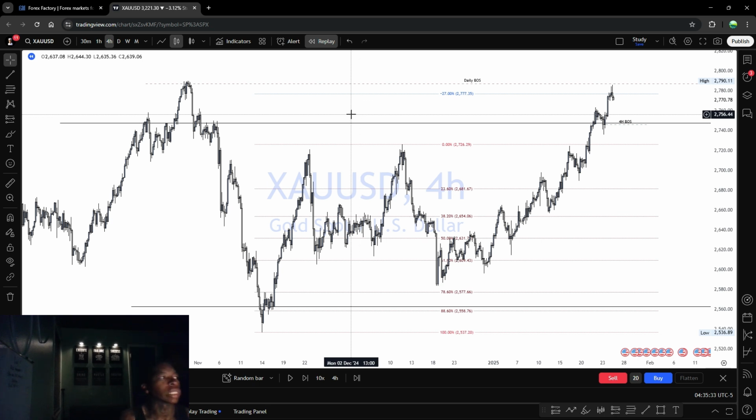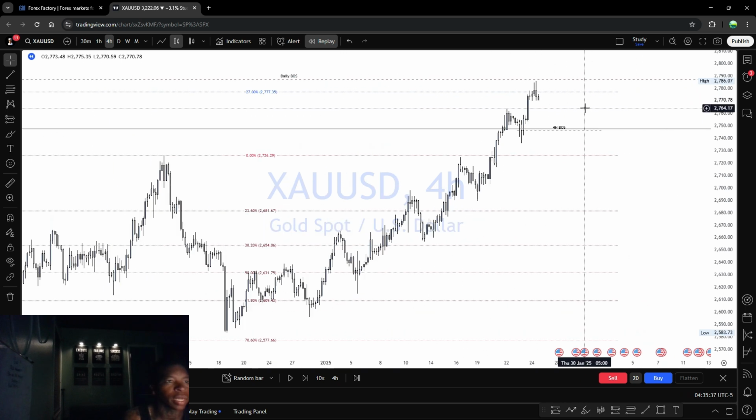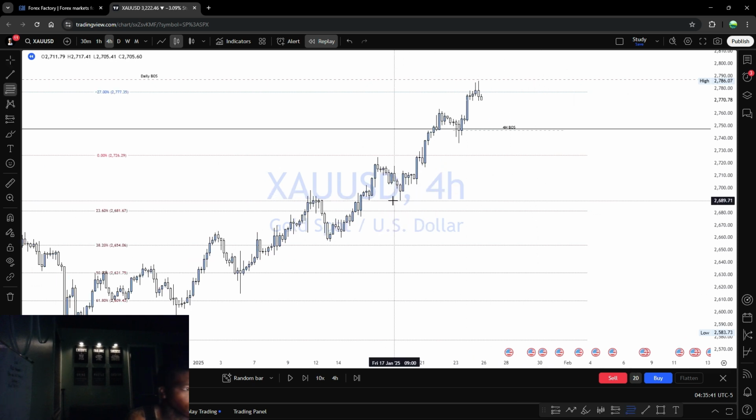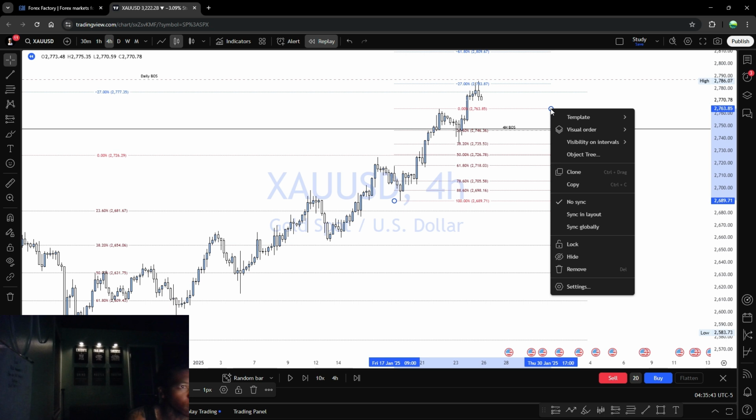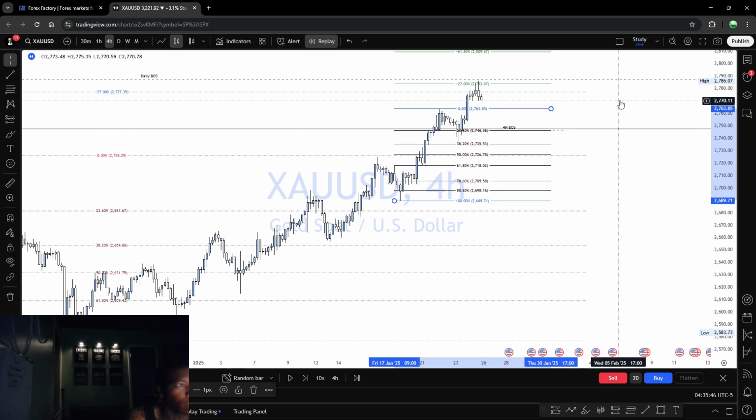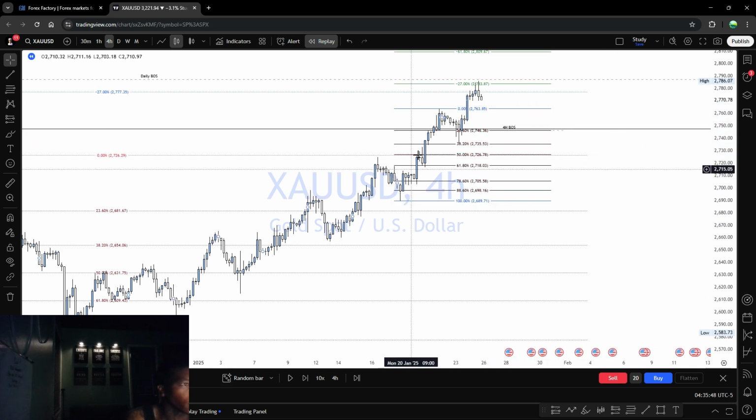With heavy resistance, we know we're going to need a lot of volume to really push price higher. See it here in post 23.6, just continuation of the trend. You see it goes to 27. If price continues to push higher, we could see this negative 61.8.